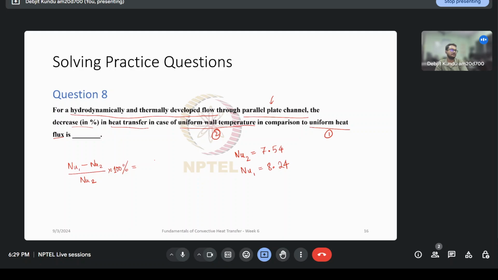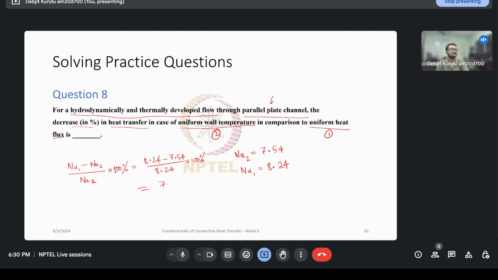So let's just plug these numbers in. So we have (8.24 minus 7.54) divided by 8.24 times 100%. So if I just use these numbers, give me a second. 8.24 minus 7.54 is 0.7.